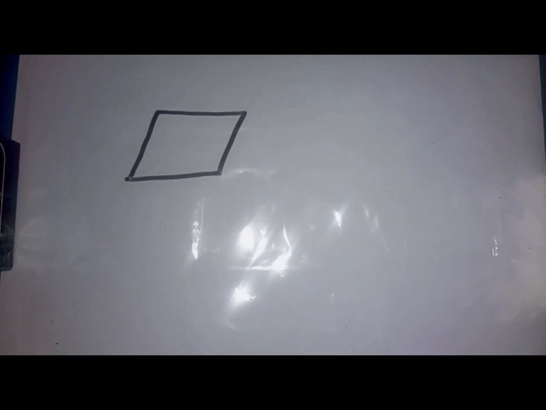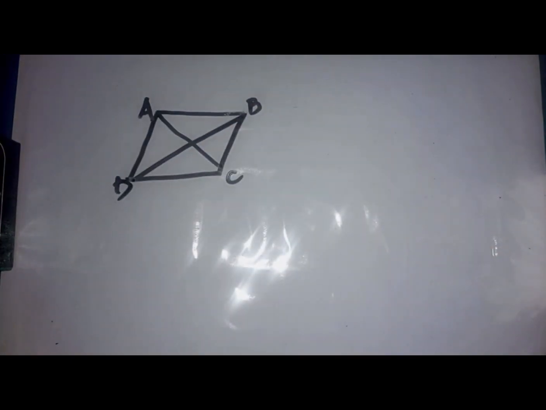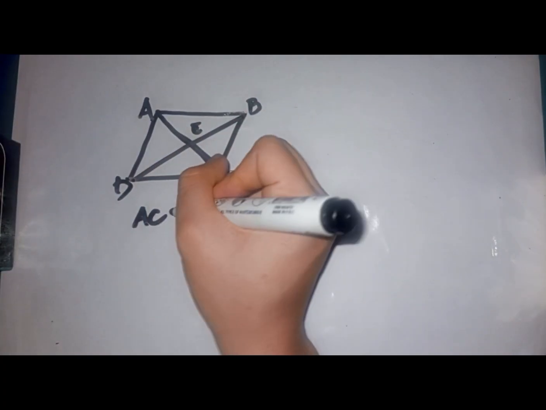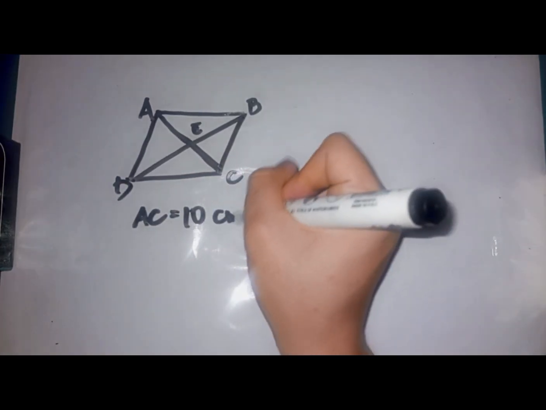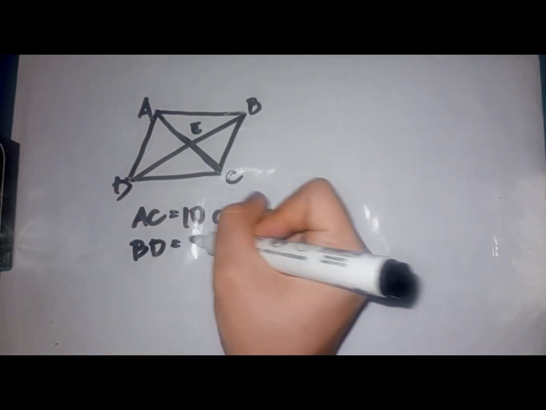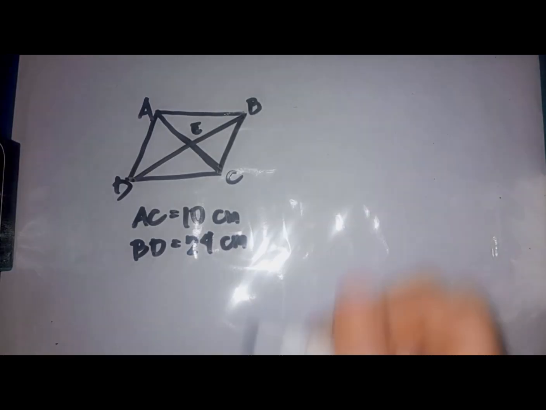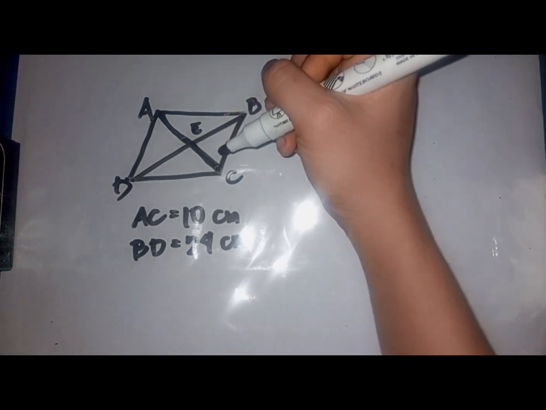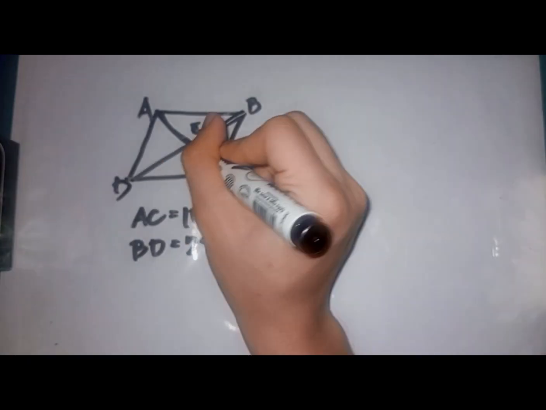Given rhombus ABCD with diagonals AC and BD intersecting at E. If AC is equal to 10 centimeters and BD is equal to 24 centimeters, find the lengths of AE and EC, and the lengths of BE and ED.